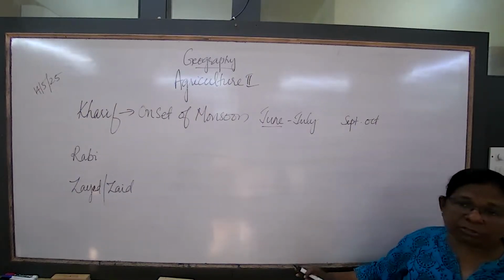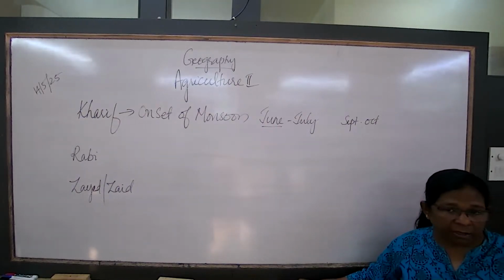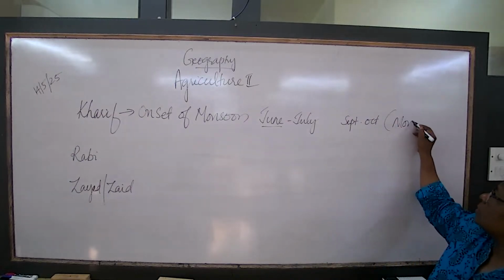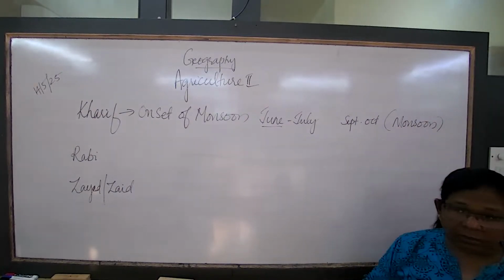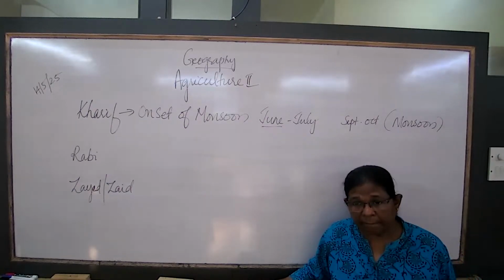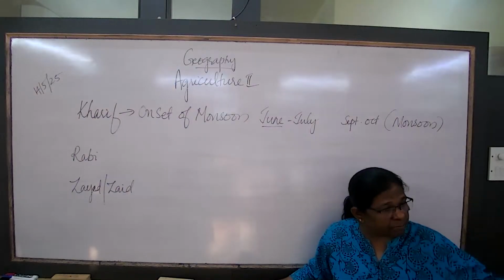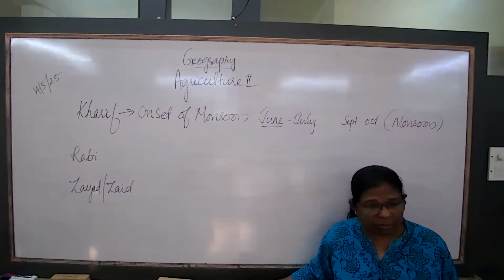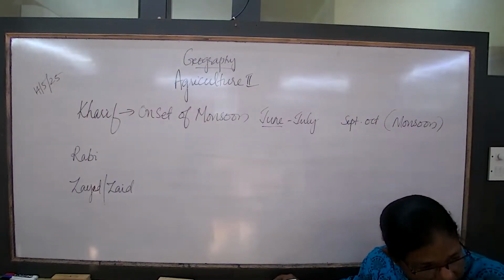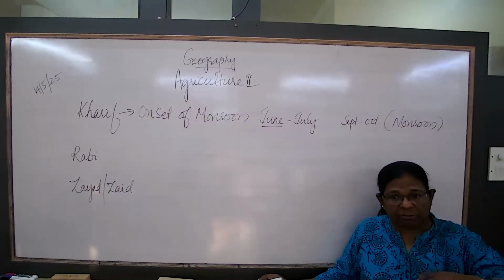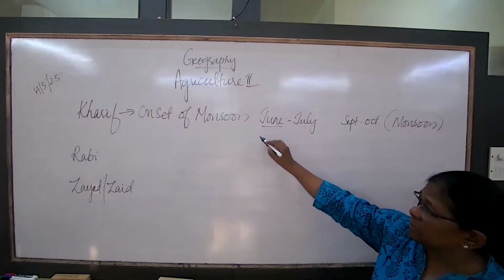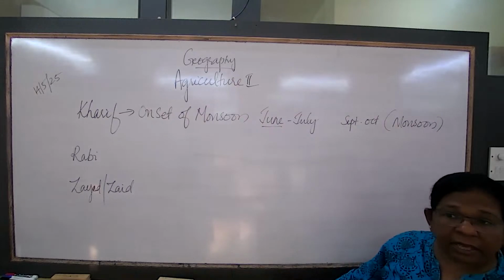It is the monsoon crop. Mostly these Kharif crops are grown in South India, because we purely depend upon the monsoon. Understood?